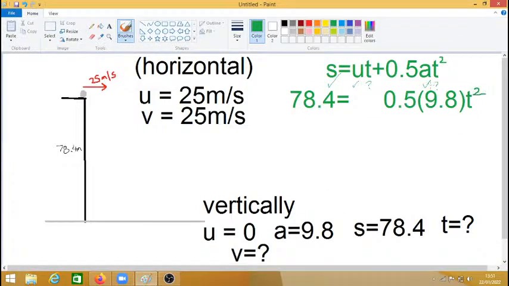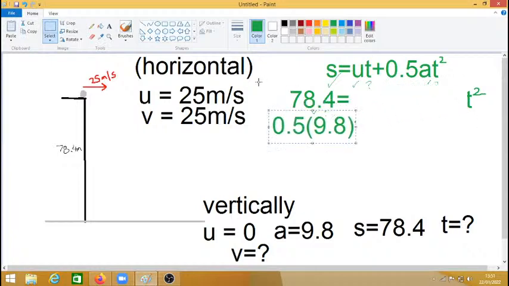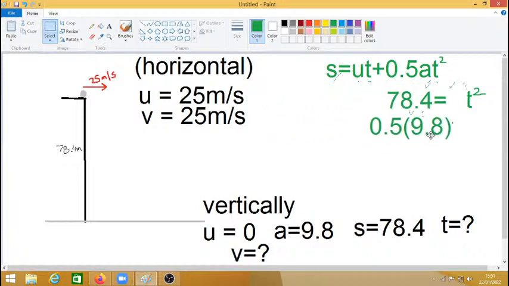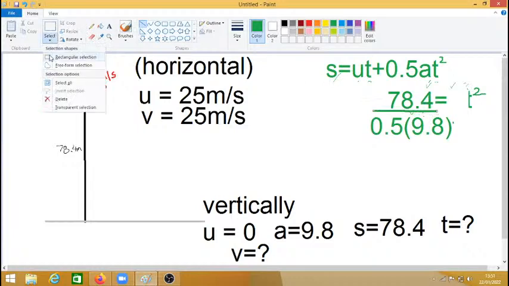Okay, that's looking pretty good. From there, we're just going to rearrange and solve. So I can take the 0.5 times 9.8 to the other side as a divide, and then I can square root that to figure out what t is.